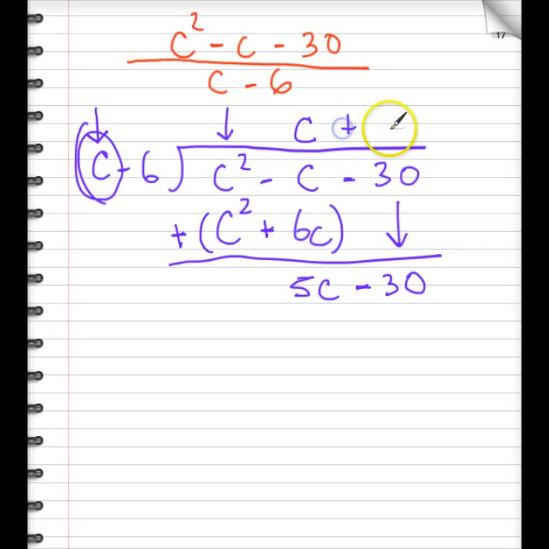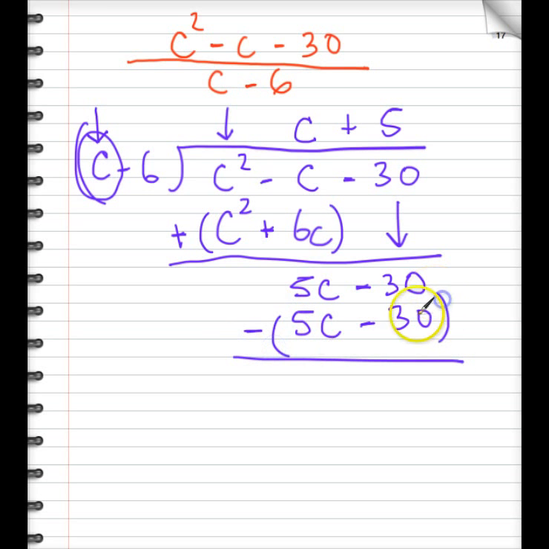Well, that's a positive 5. Multiply back. 5 times c, 5c, 5 times negative 6, minus 30. Subtract. Anything subtracted from itself is 0, no remainder. There's your answer, c plus 5.